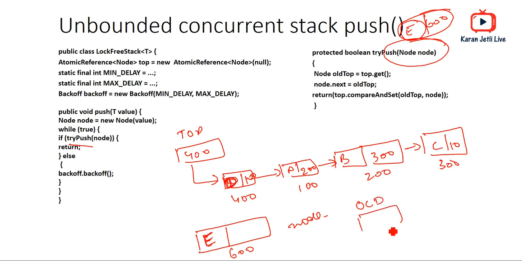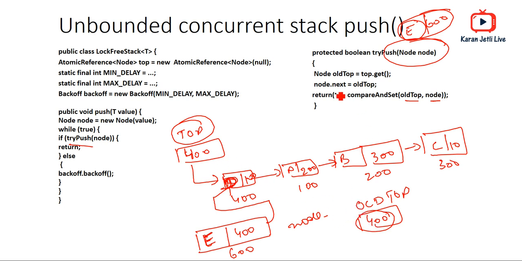Okay, so node old top is equal to top.get. So what is in top? 400. So what we store in old top is 400. Node.next is equal to old top. So this is my node. So next of this is old top. So what is in old top? 400. So the next of E points to 400, that is here. Okay, return top. Compare the top with old top and the node address. Top compared with old top is the same, so we cannot do anything.